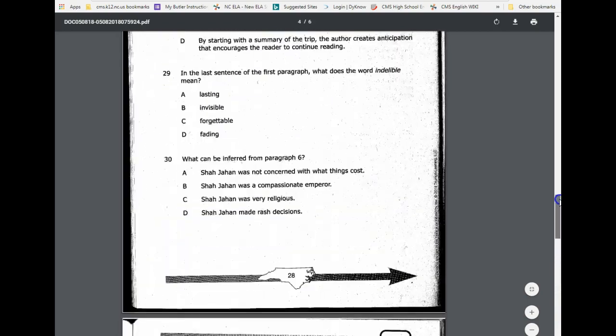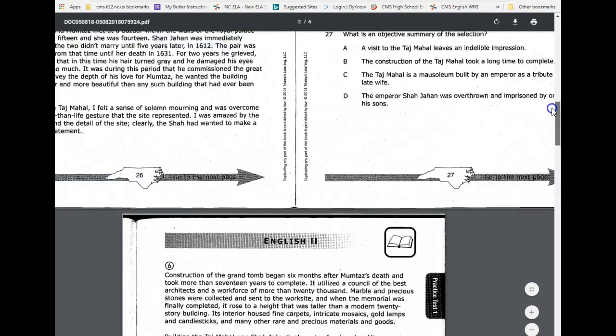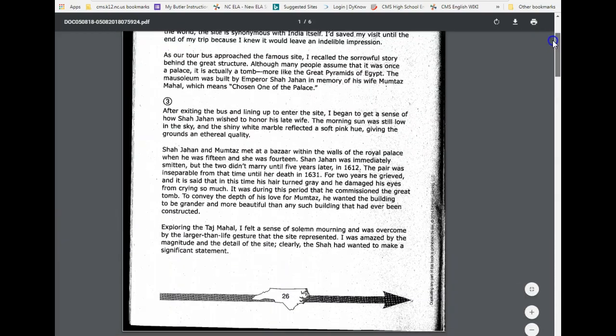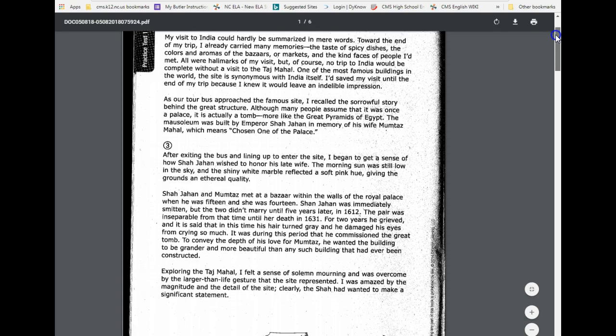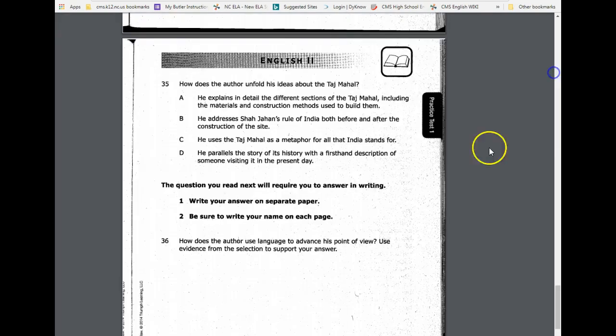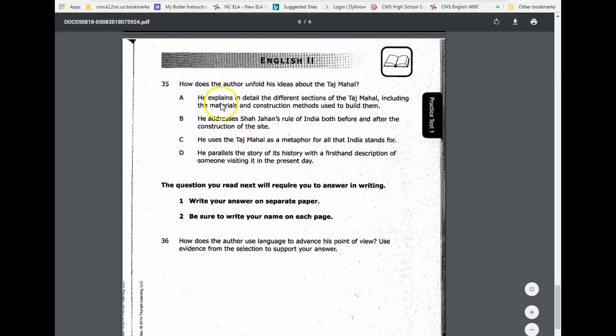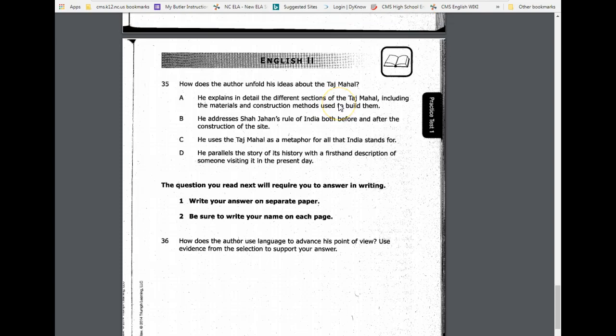Always go back and look at the passage, but I can tell you right now that by just reviewing what each paragraph is about, I know there is no paragraph in the passage that explains in detail the different sections of the Taj Mahal.